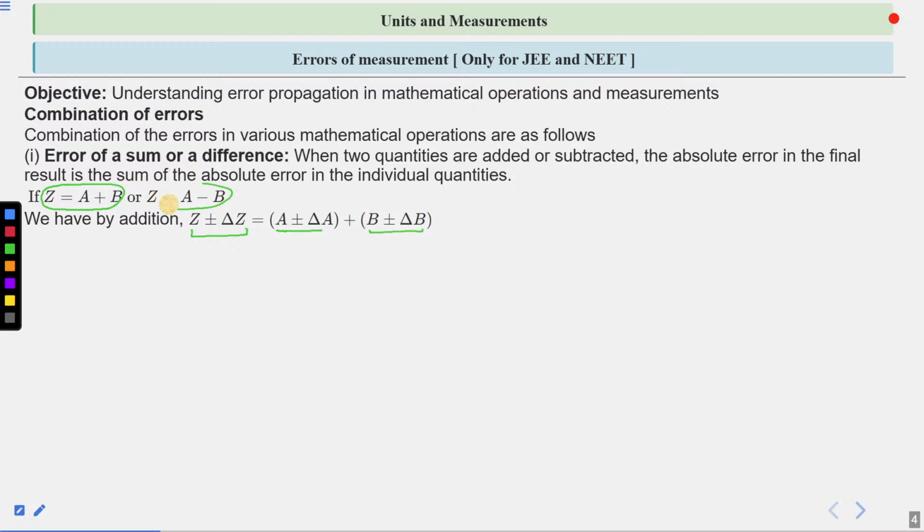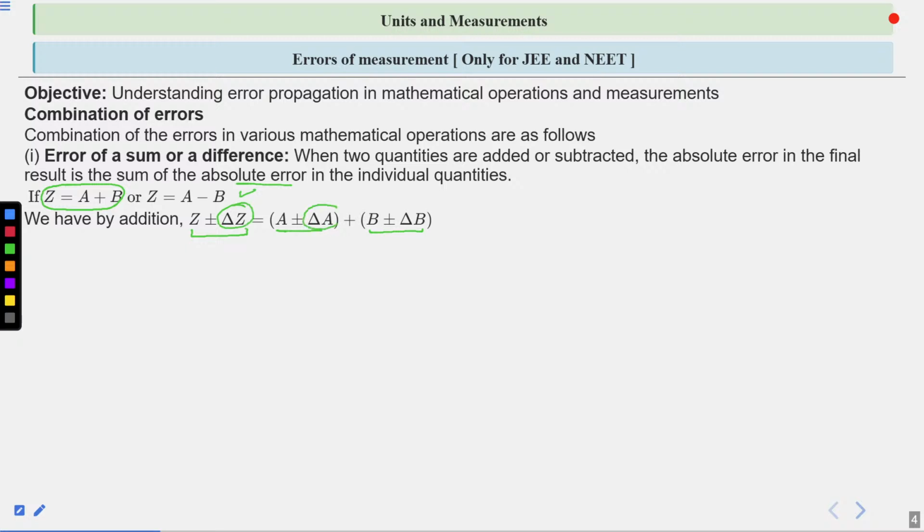If we talk about A minus B, in that case Z will be Z minus delta Z, A minus delta A and B minus delta B. So this is the representation of the absolute error. Delta Z is the absolute error here.